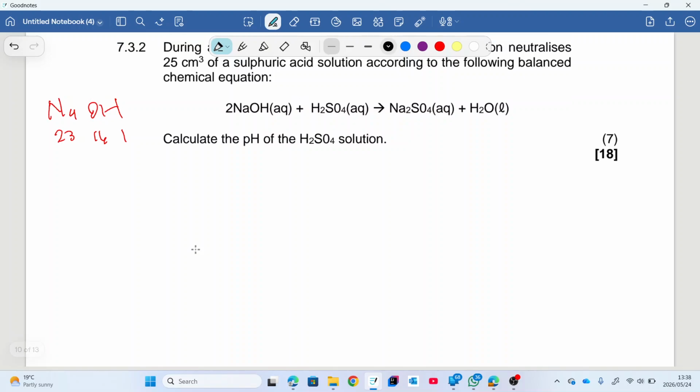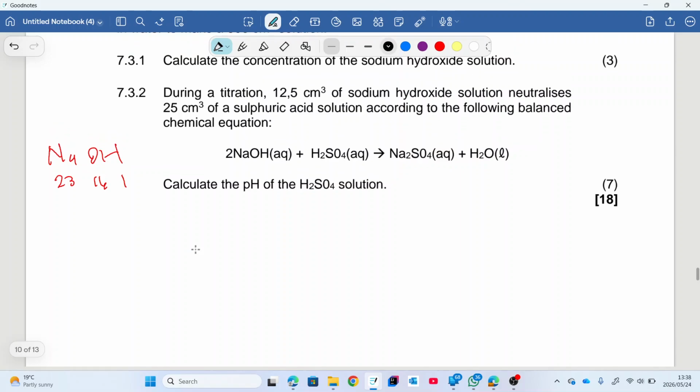I know which equation we're talking about. According to this balanced equation, we want to know whether the concentration of the acid means the concentration of the H plus or H3O plus, right?